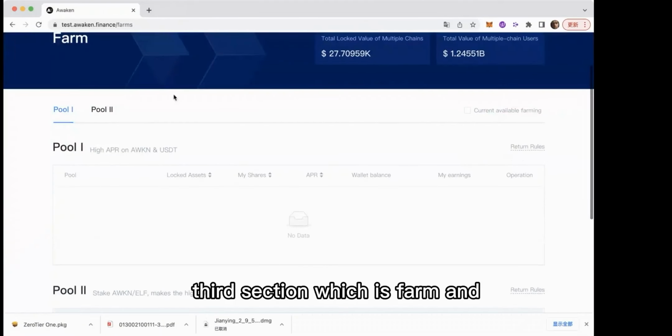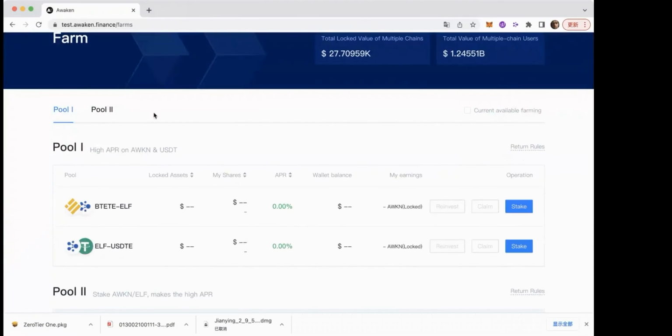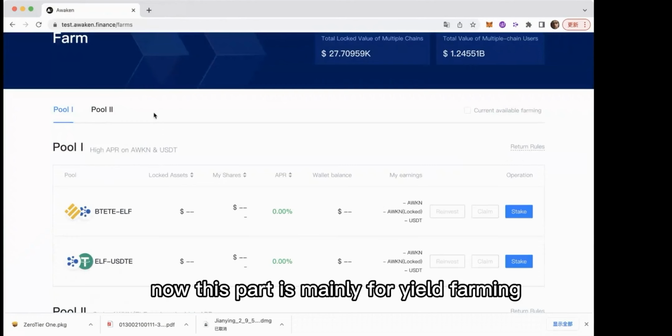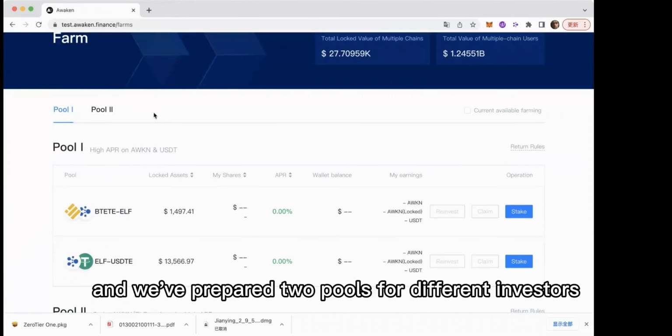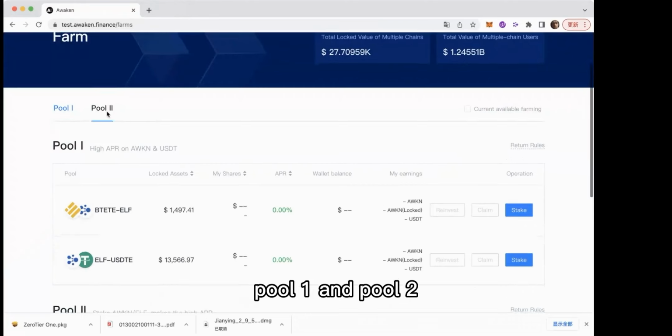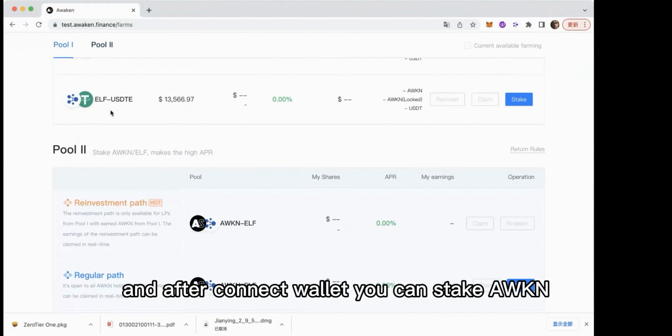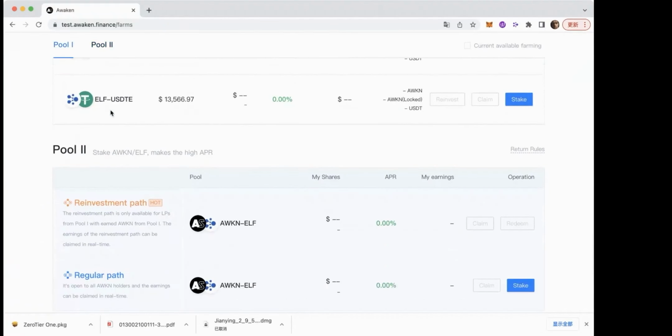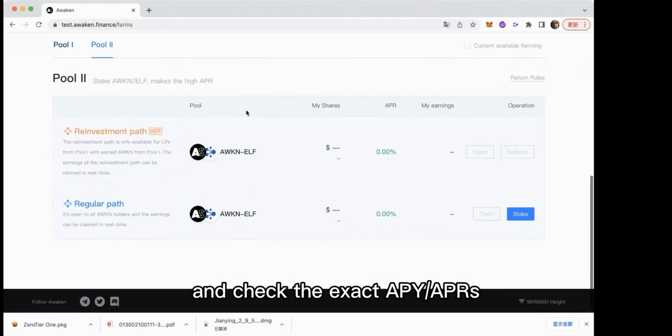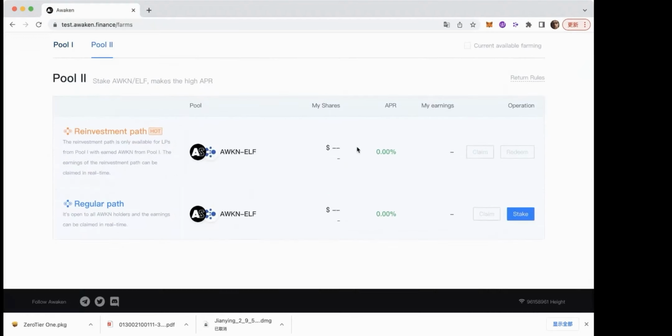And then let's go to the third section, which is farm. This part is mainly for yield farming. And we prepared two pools for different investors, pool 1 and pool 2. After you connect your wallet, you can stake Awaken here and check the exact APRs.